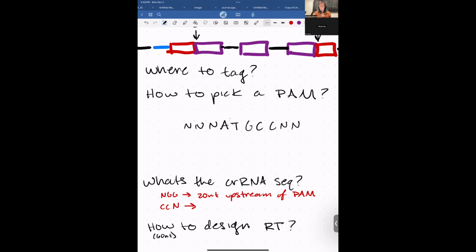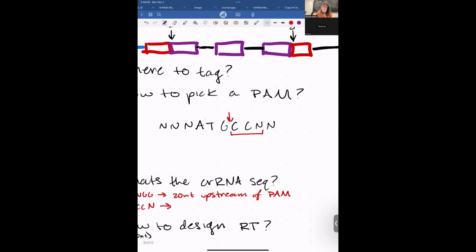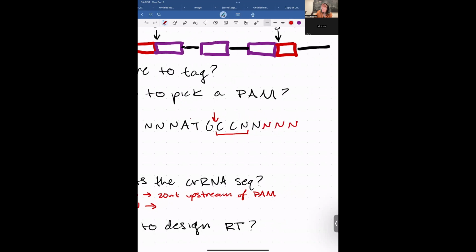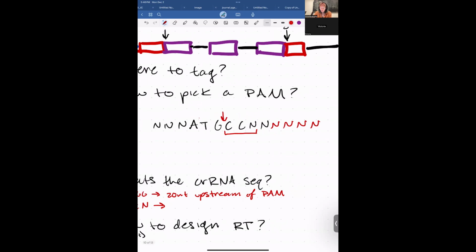So now, still we want the insert site to be directly 3' of the start. But in this case, our PAM is the CCN PAM. See, these are all arbitrary nucleotides.